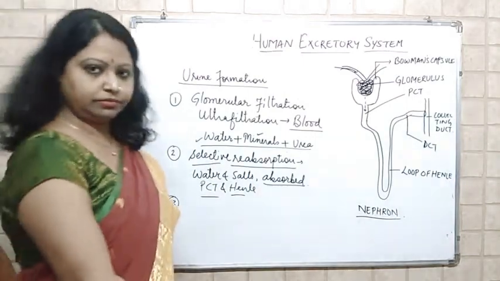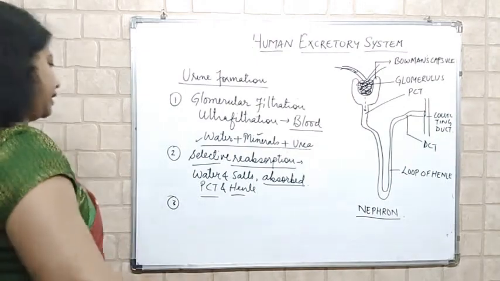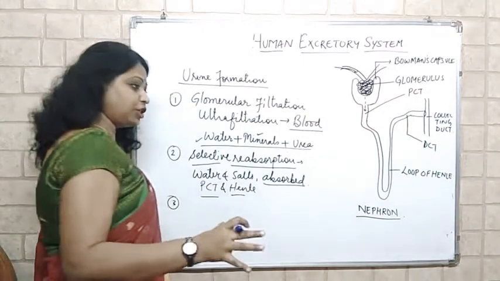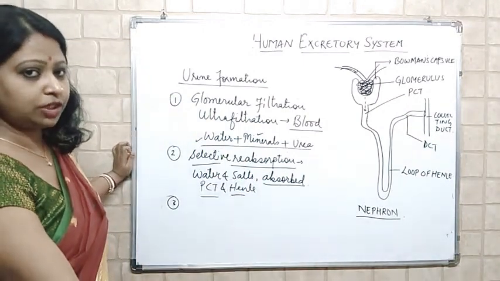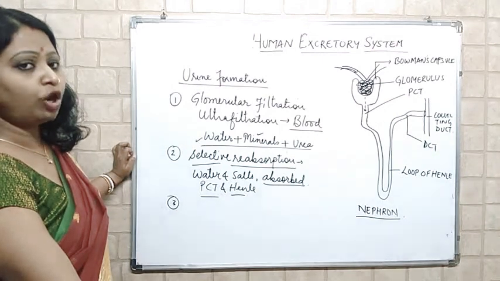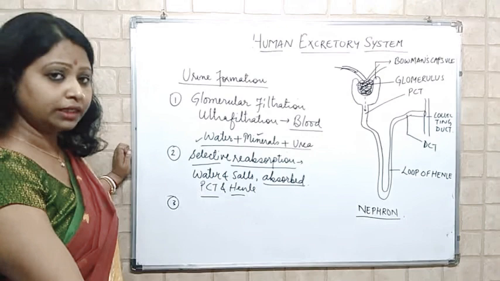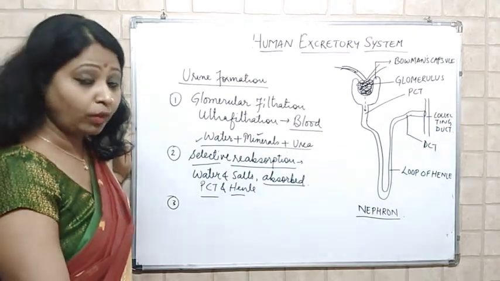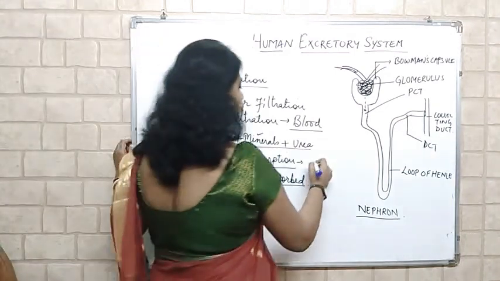The proximal convoluted tubule and loop of Henle help in selective reabsorption of the materials which are very important, not the toxic. So we can also say that the maximum amount of water conservation is done in this part. What is water conservation? 180 liters of blood is filtered regularly within one day, and how much urine is produced?